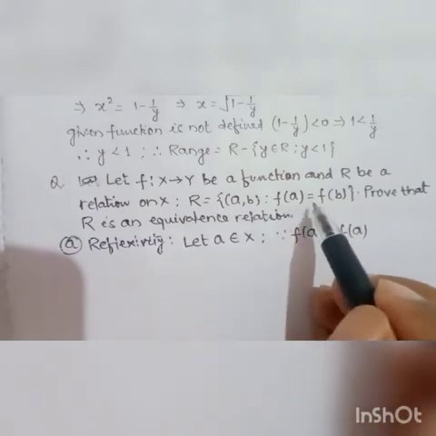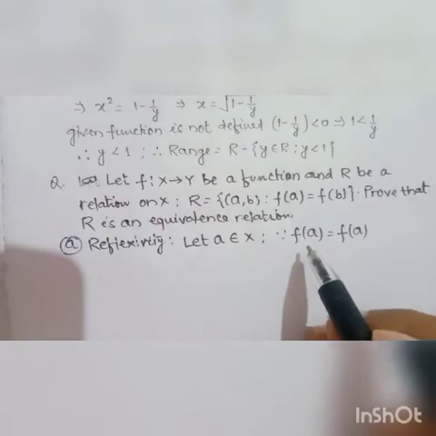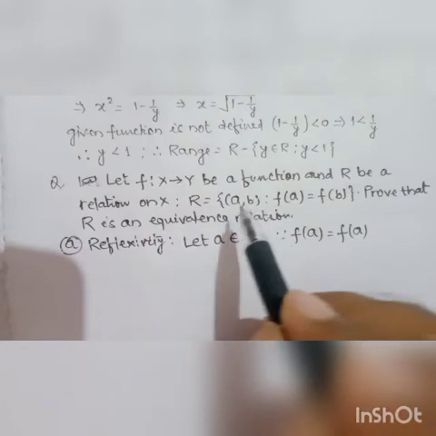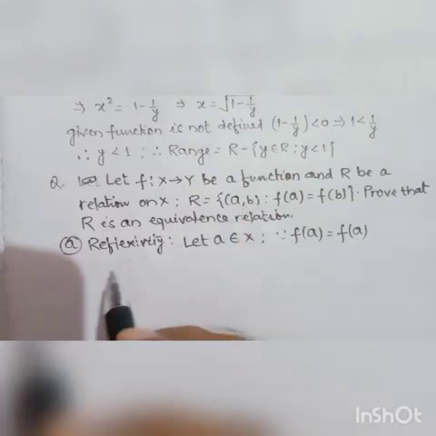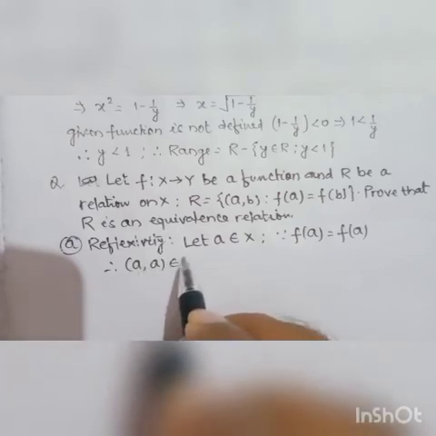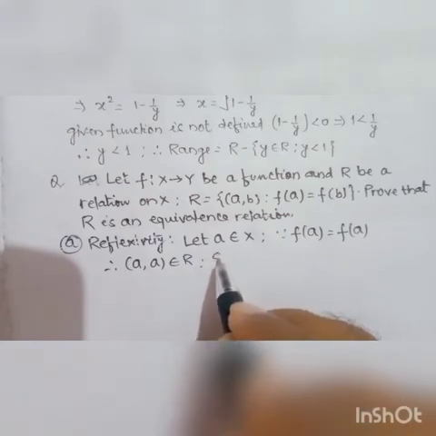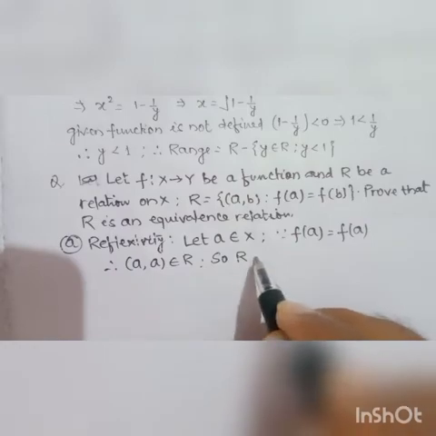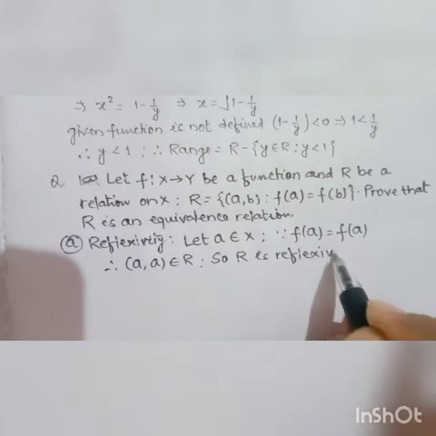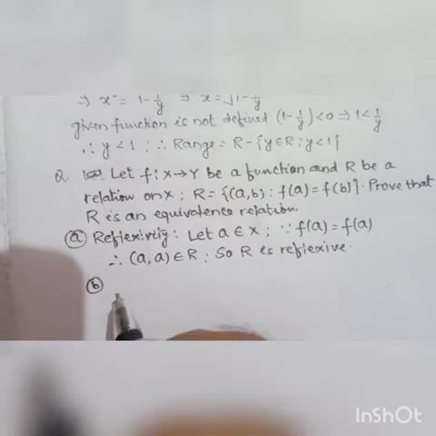If f(a) is equal to f(b), then (a, b) belongs to R. We have f(a) is equal to f(a), so (a, a) belongs to R. Therefore (a, a) belongs to R, which is the condition for reflexivity. So R is reflexive. See the second condition, symmetry.